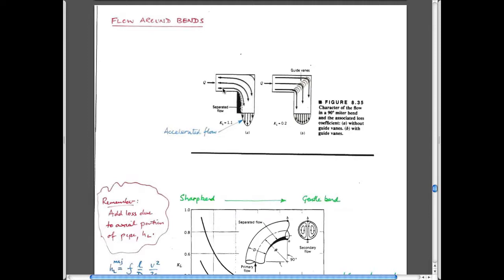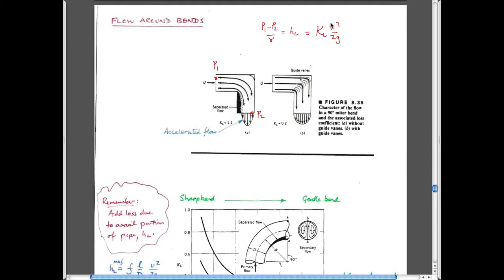The idea is as you go around a corner, you're certainly changing velocity, not necessarily speed, but you're certainly changing velocity. You may change the distribution of velocity in the pipe. And again, if you measure the pressure change between the upstream and the downstream, then empirically you can just measure the difference between these two pressures, which should be equal to the head loss, which should be equal to this coefficient, v squared over 2g.